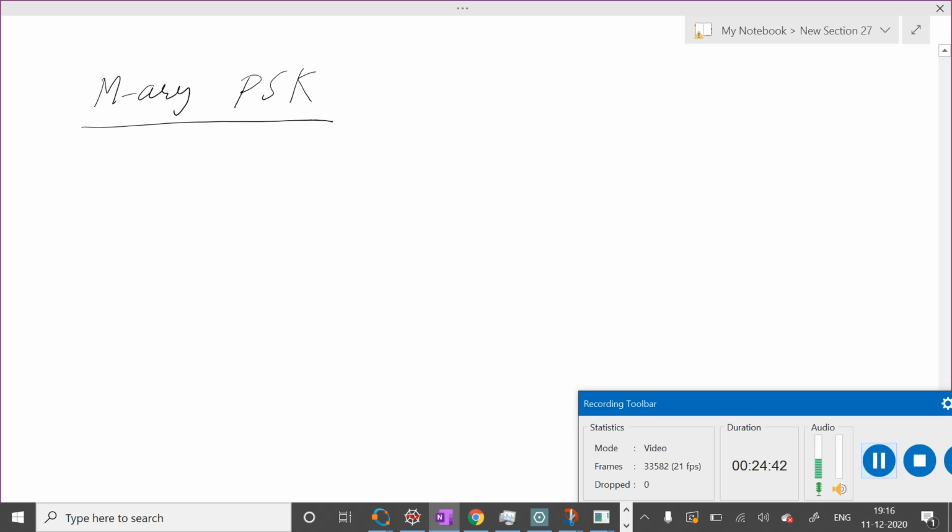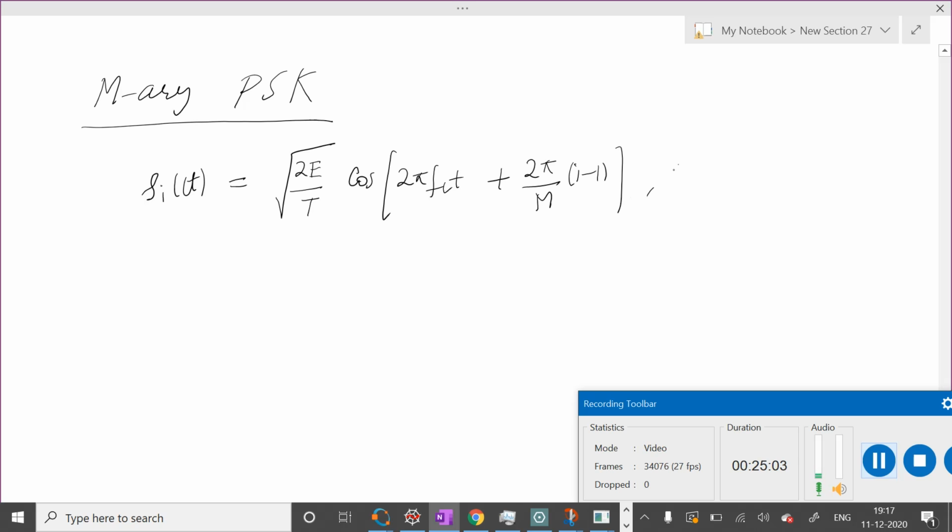In M-ary, I say that the signal Si of t, as it was represented in the case of QPSK also, is cos of 2 pi fct plus, in QPSK I wrote pi by 4, here I will write 2 pi by M times (i minus 1), and I take i equal to 1, 2 up to M. M is any power of 2.